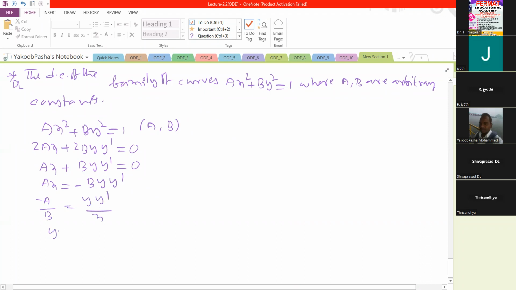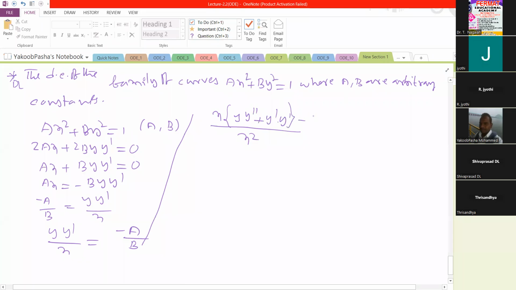Now again differentiate with respect to x. So we get, u by v formula we can use here. That is x square, x into y into y double dash plus y dash into y dash.